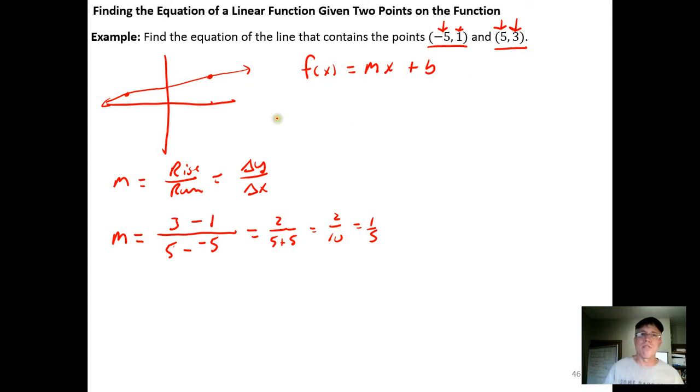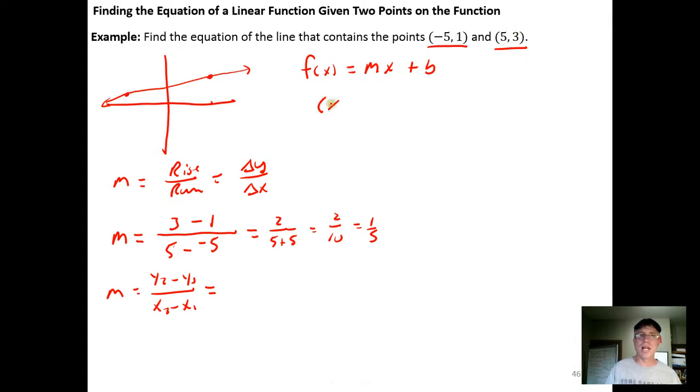If you're using the formula for the slope that says y2 minus y1 over x2 minus x1, if you're taking a formula approach to it, you need to assign one of these to be x1, y1, and one of them to be x2, y2.